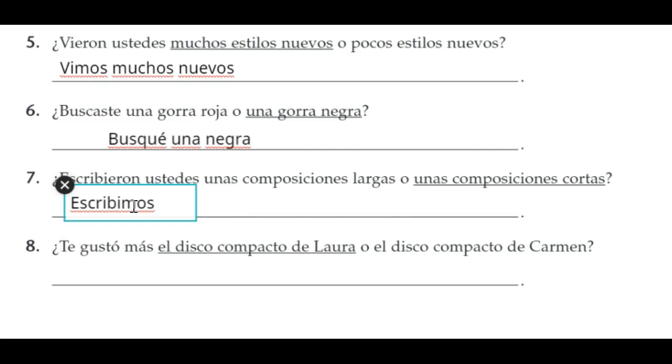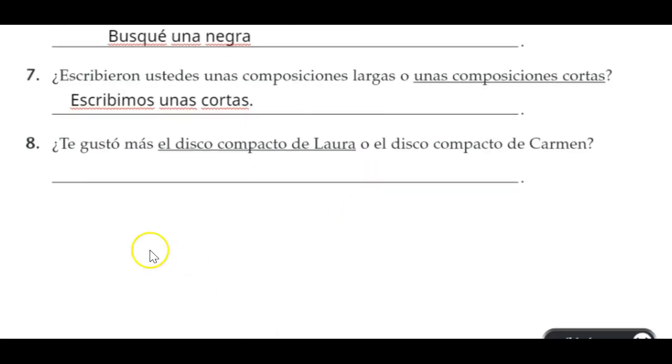If the exercise is having you answer the question, you got to be able to think, okay, escribieron ustedes? Did you all do this? The answer is we, right? We did it. Escribimos unas, and just take out the noun, unas cortas. We wrote some short ones. Okay, that's how we would say it in English.